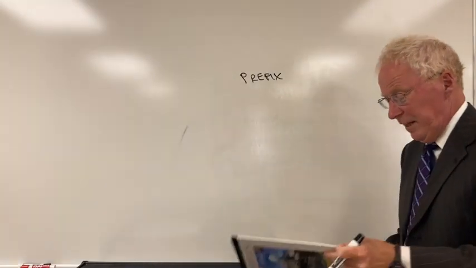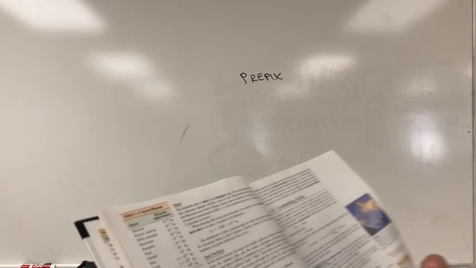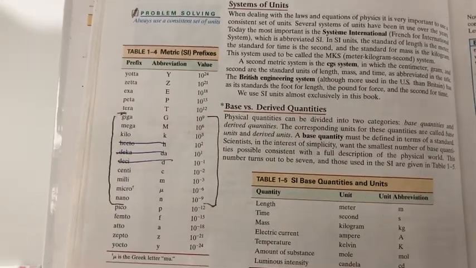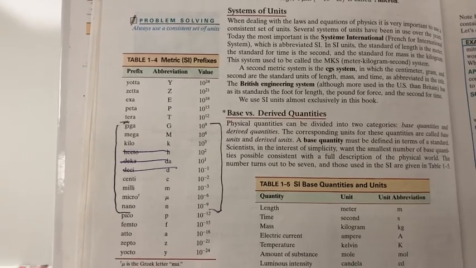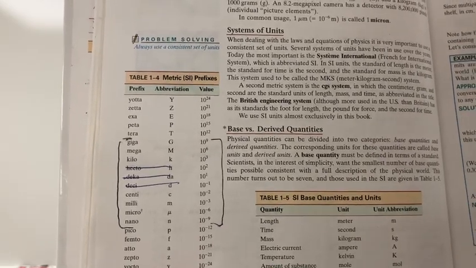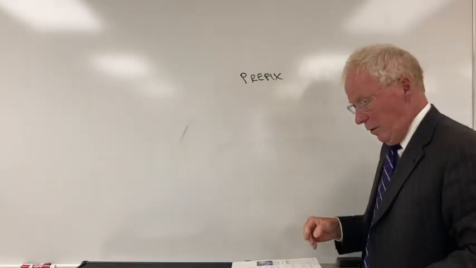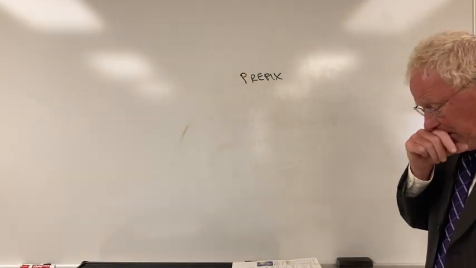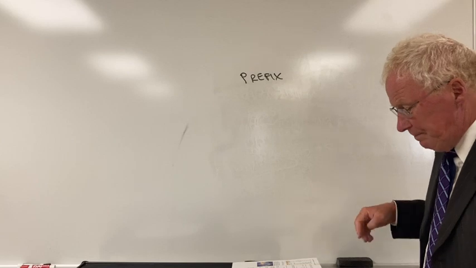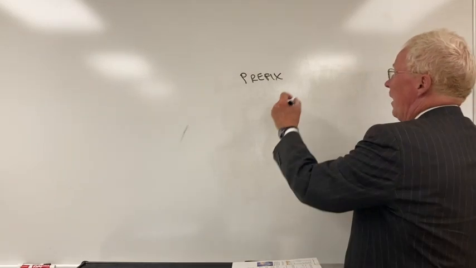If you look in the text, there are lots and lots of units. You go all the way from 10 to the 24th down to 10 to the minus 24th. The only ones we're going to be dealing with are the standard ones. I'll start from the top.